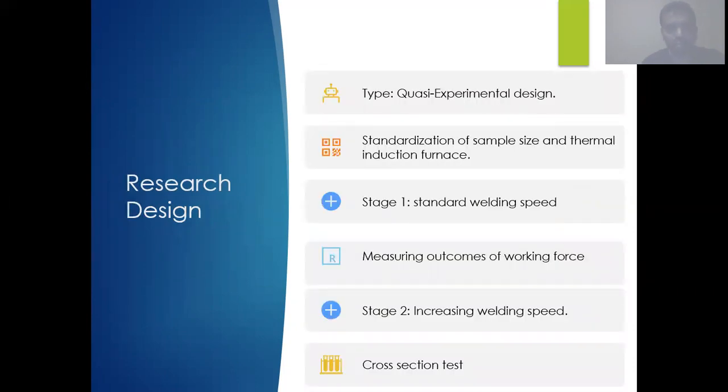Using a quasi-experimental design, the research was following related work standards when preparing the sample to process two stages.